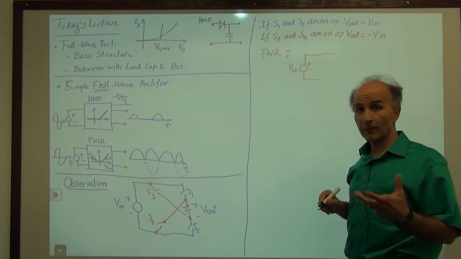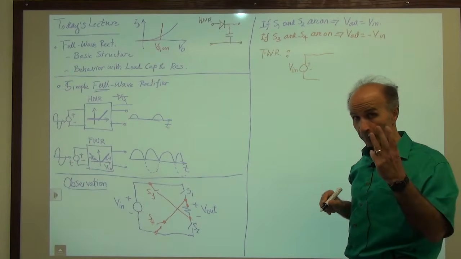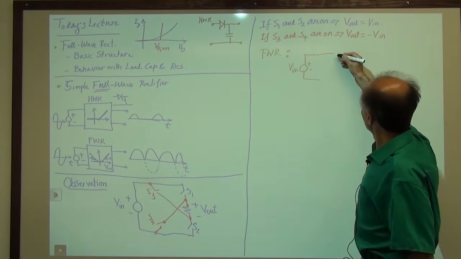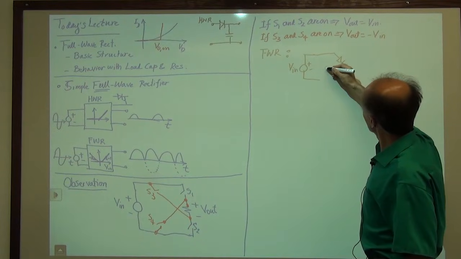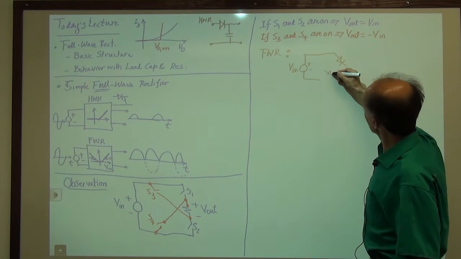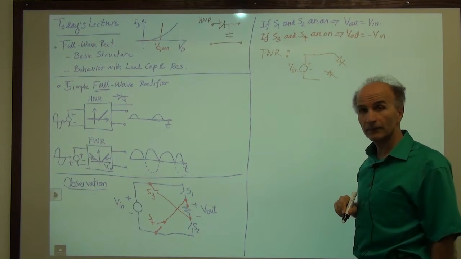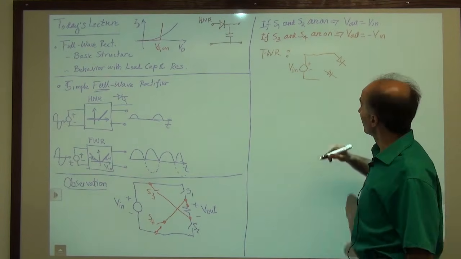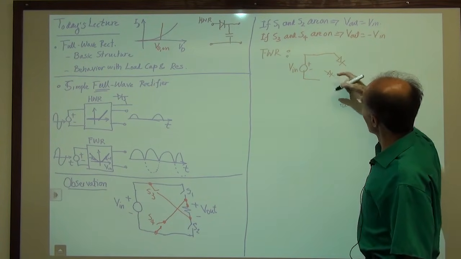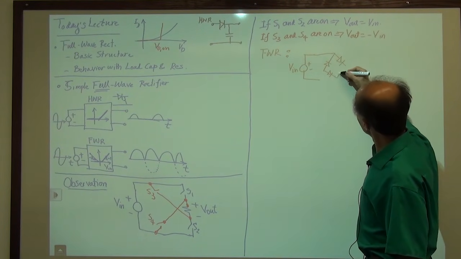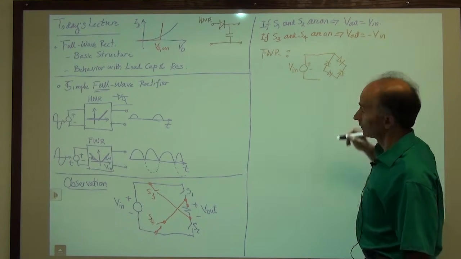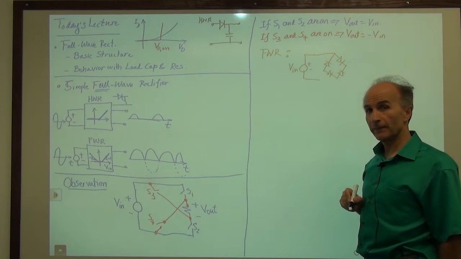A good way of remembering how these diodes are connected, because there are 4 of them, is the following. We have 2 diodes going like so, and then both pointing downward. And then we have 2 diodes going like so, both pointing upward.